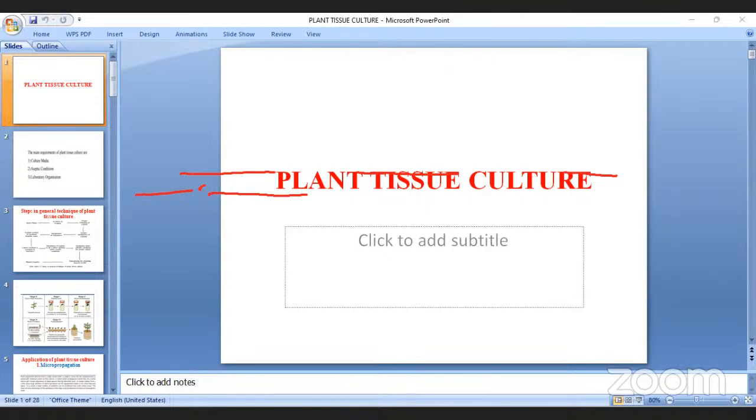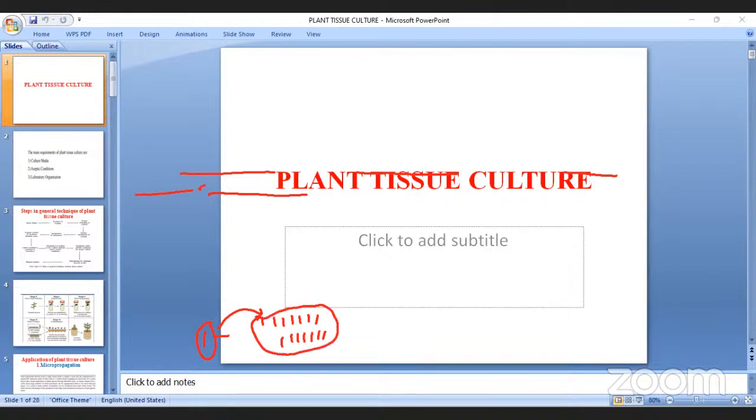What happens during micropropagation? In micropropagation, from one plant we get a number of plants, a group of plant generations. These plants have the same genetic material, copy paste. The genetic material the mother plant has is the same genetic material present in this population also.